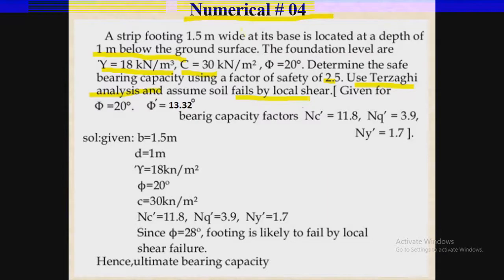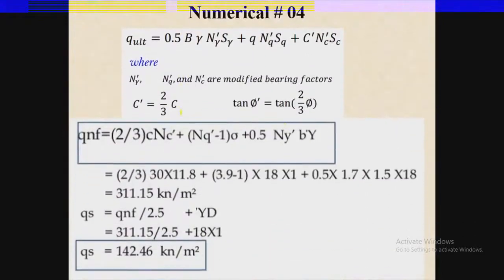Okay, so in this case we are given phi equal to 20 degree. Now we will convert this phi into phi prime. Okay, how? By using this equation. Phi prime over here will be equal to, when we convert this tangent to the other side, tangent inverse of 2 by 3 tangent phi.